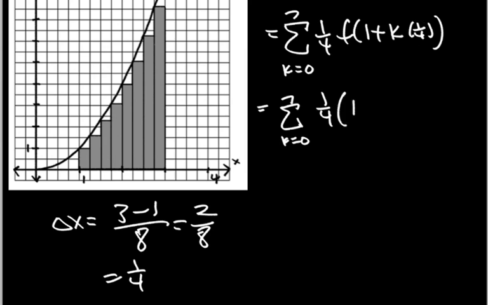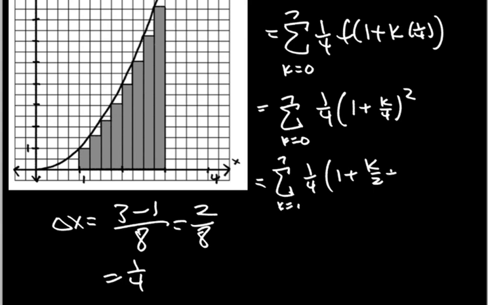So f of x is 1 plus whatever's in there squared, right? So we have 1 over 4 times, okay, first thing squared plus twice their product, so that'll be k over 2, plus second one squared.